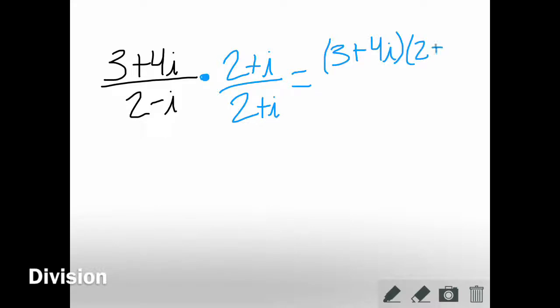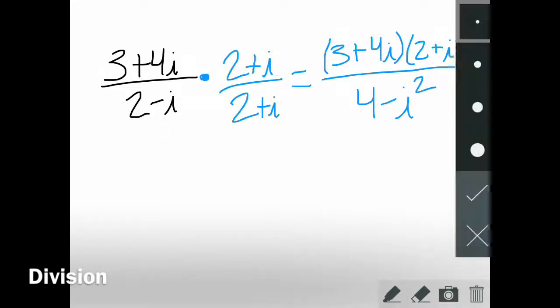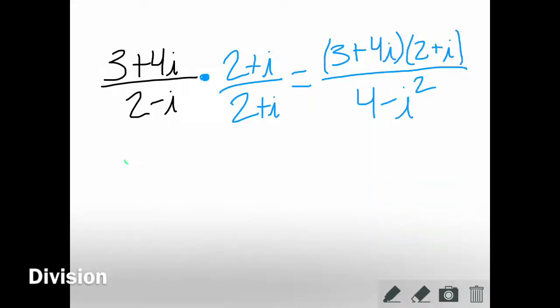And for the denominator, you will not be doing FOIL. You would actually just be multiplying. So you're just going to multiply 2 times 2, which is 4, and negative i times i, which is negative i squared. So to do the FOIL, 3 times 2 is 6, and then 3 times i is 3i. 4i times 2 is 8i, and 4i times i is 4i squared.